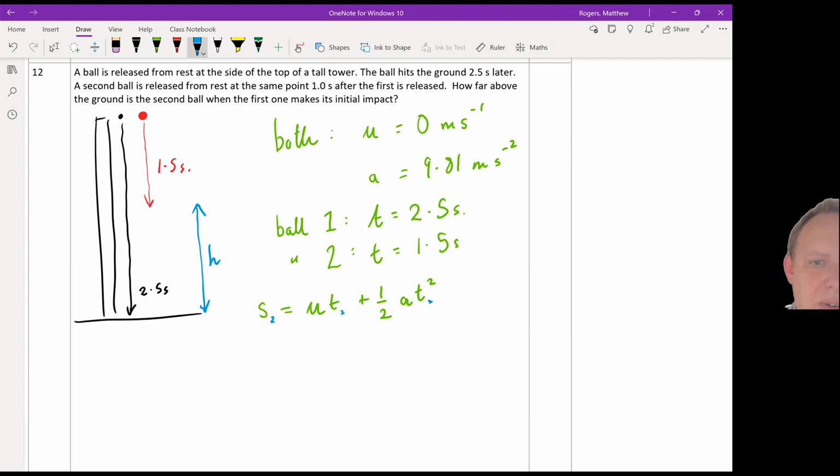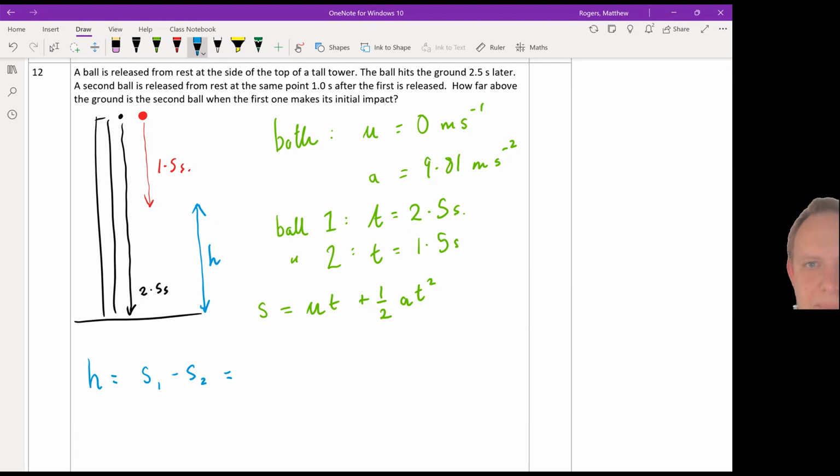What we want is the difference between the displacement of ball 1 and ball 2. So effectively, our height, h, if we want it to come out as a positive, is going to be S1 minus S2. That's the displacement of ball 1 minus the displacement of ball 2.